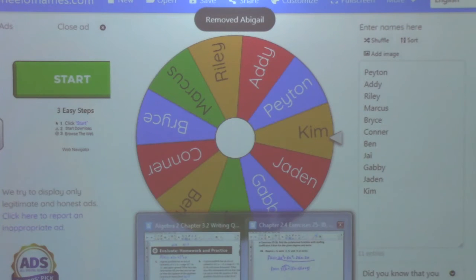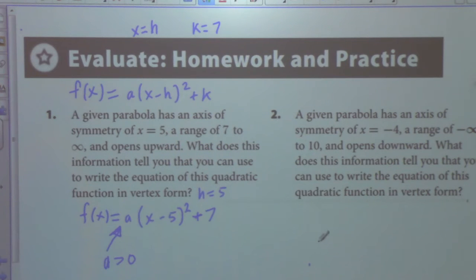What do we got here, Abigail? We've got our vertex form up here.